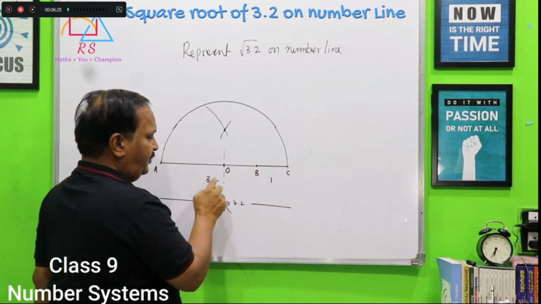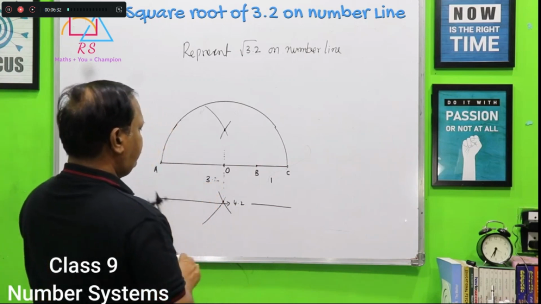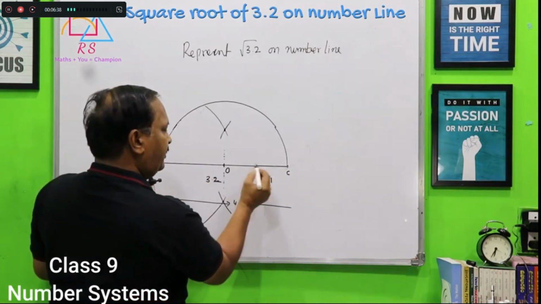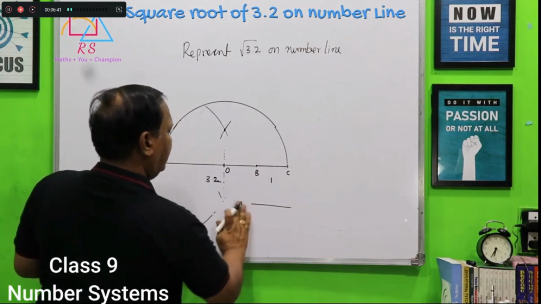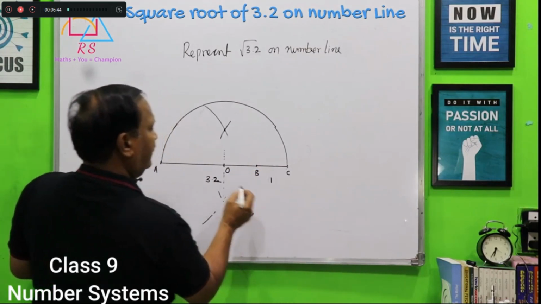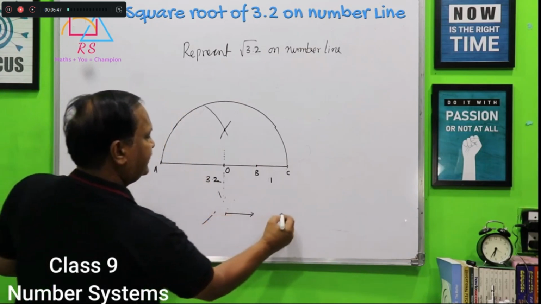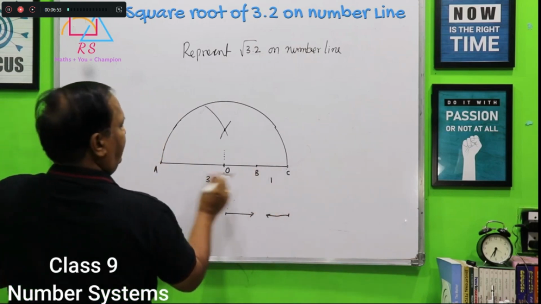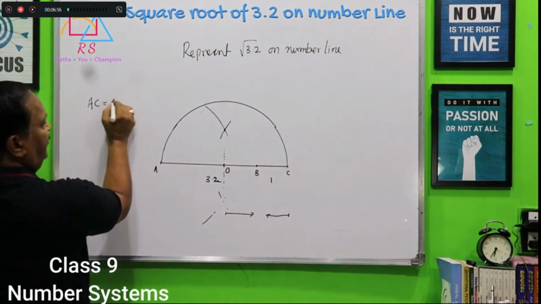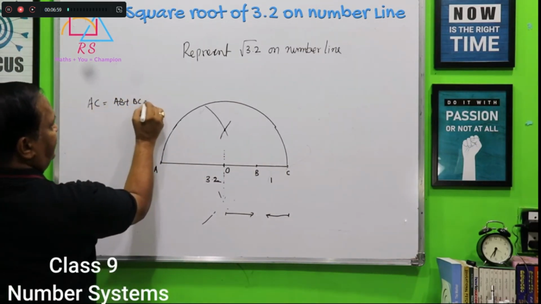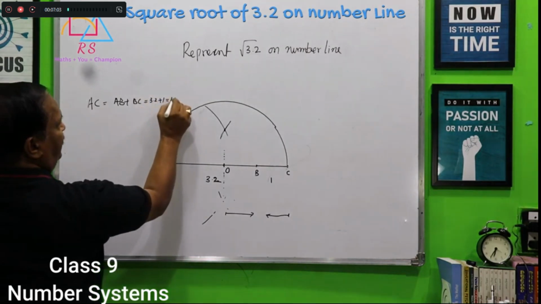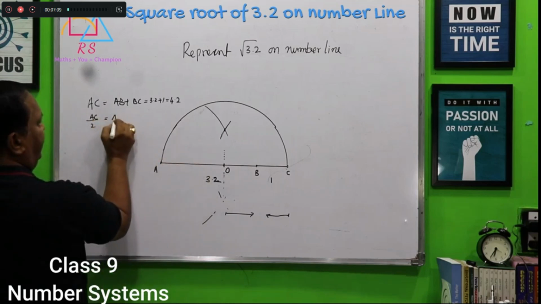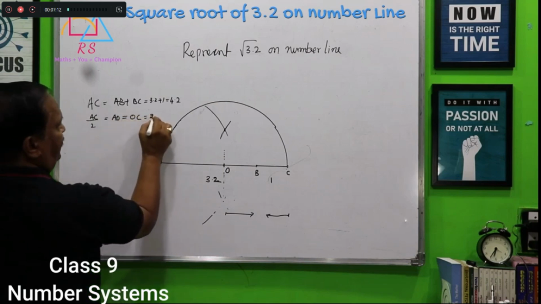AB is equal to 3.2, right, and BC is equal to 1. Now what is the radius? The radius is total 4.2 by 2. AB plus BC is equal to 3.2 plus 1, 4.2, and when we halve it, AC is equal to 4.2, so AO is equal to OC, which is equal to 2.1.